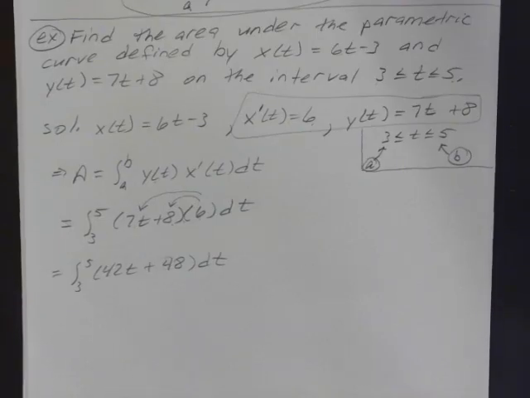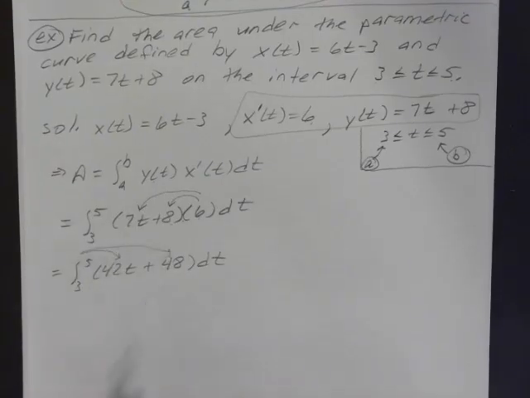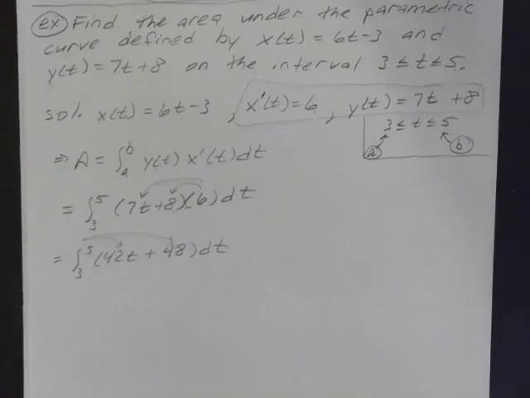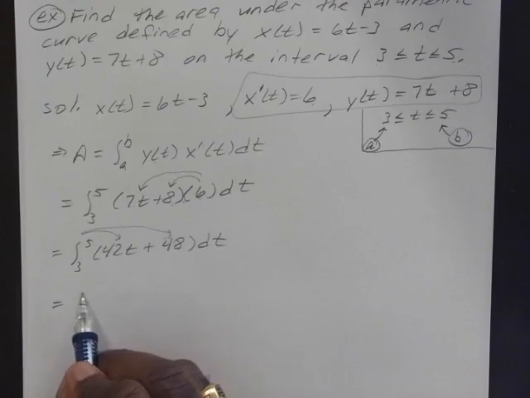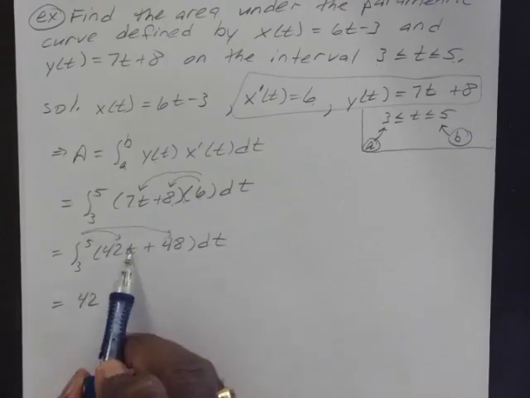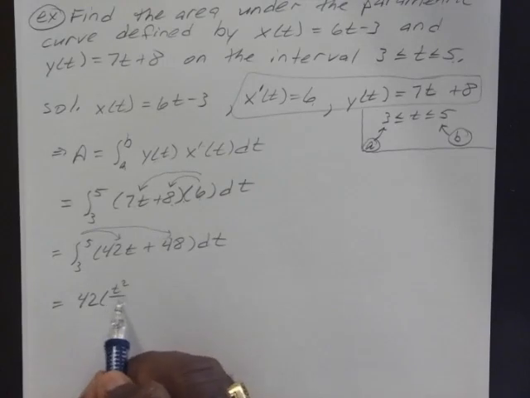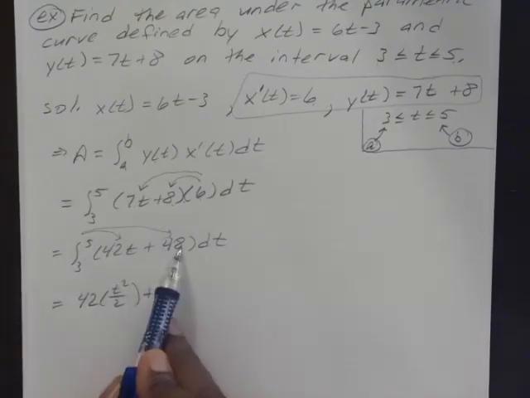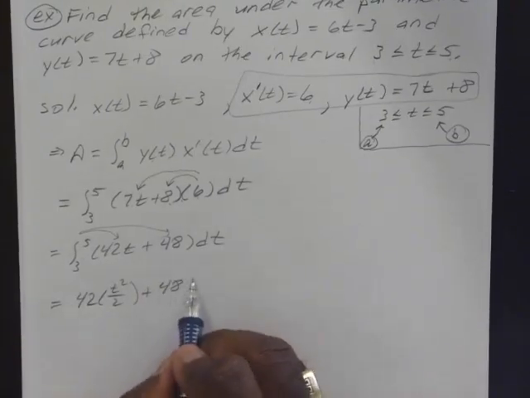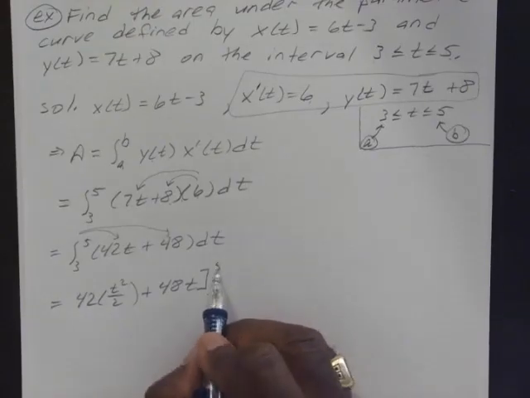Okay, so we just need to go ahead and take the integral of both terms. Our first term is 42 times the integral of t, which is t squared over 2, plus the integral of 48, which is 48t, from t equals 3 to 5.